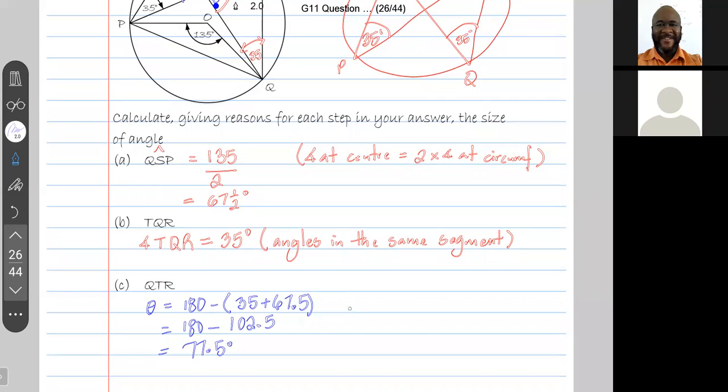So angle QTR is equal to theta, which is equal to 77.5 degrees. They are vertically opposite angles.